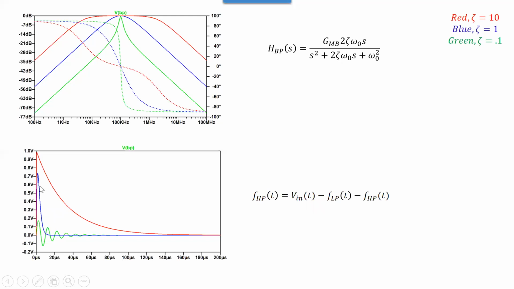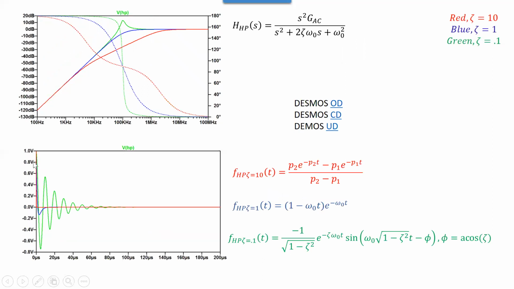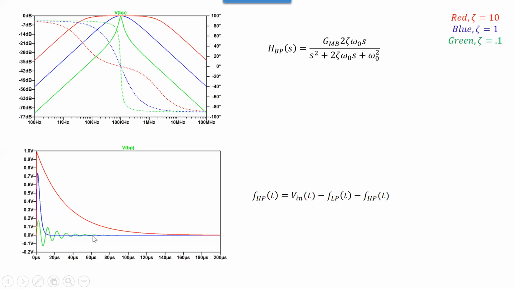It only shows ringing when it's underdamped. All right. But at this point, the difference is this goes to 1, this doesn't. And the fact that you see this space in here is really telling you that it's a bandpass.